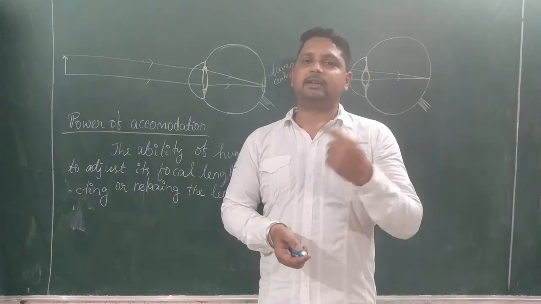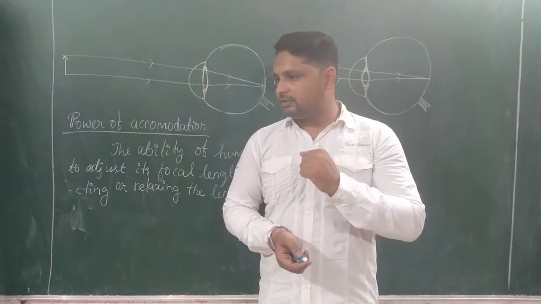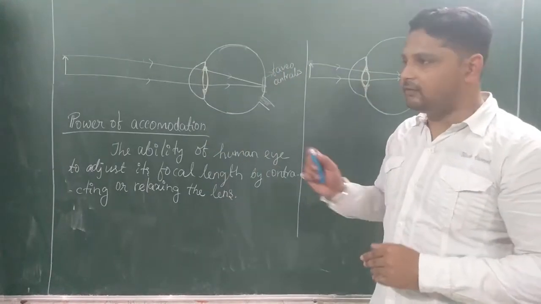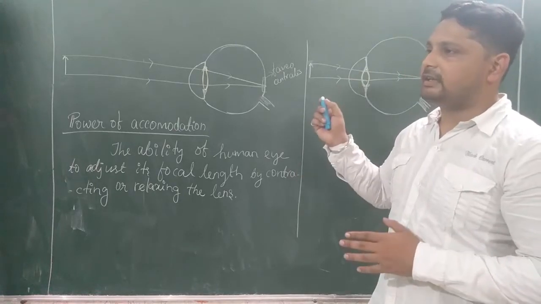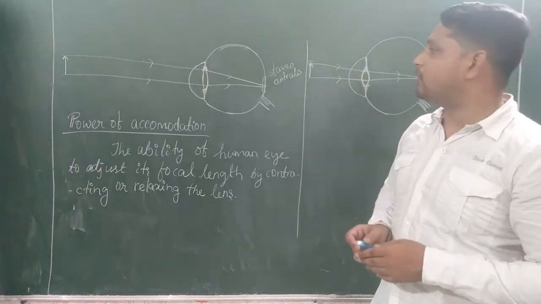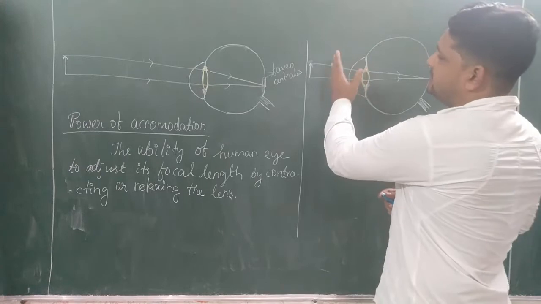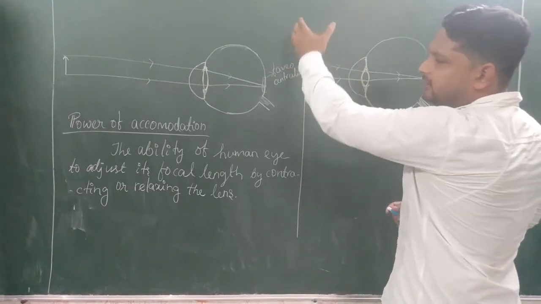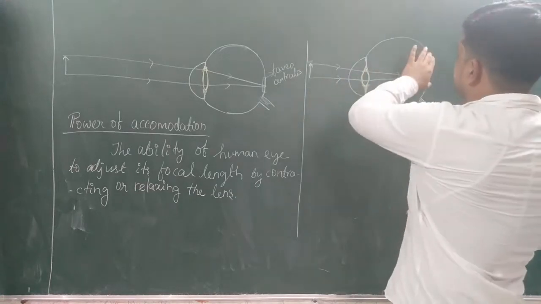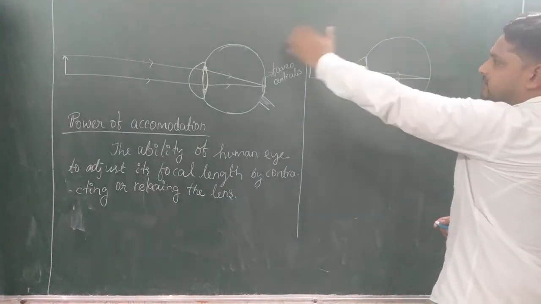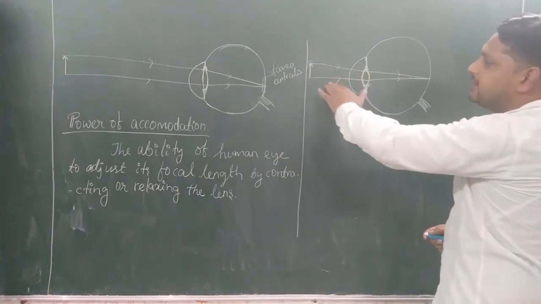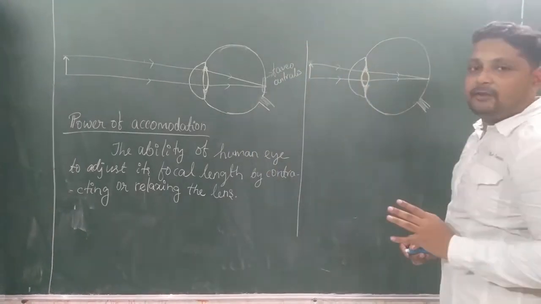In that case the image formed was virtual, on the same side as the object. The retina acts as the screen, but on this side there is no screen, so we can't see the image if it is virtual.